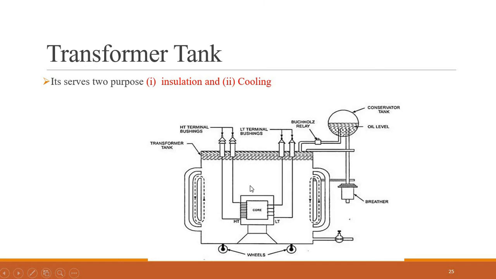And for cooling, oil is poured in the tank. This oil absorbs the heat from the core and winding, and then passes through the outer body of the transformer where cooling tubes are connected, so that the heat can be radiated outside the transformer.